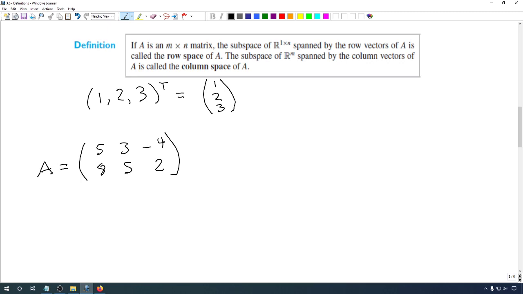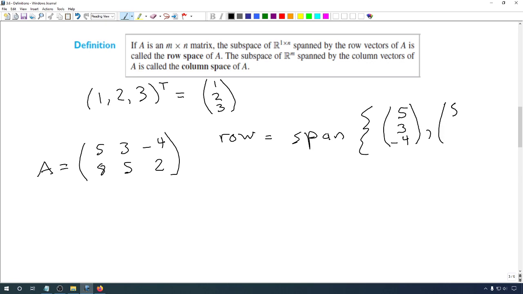Its column space is a subspace of R2. And what we're basically doing for the row space is taking a span of vectors. It's the span of the vectors that are the rows of A. So the first row of A is 5, 3, -4, written as a column vector. And then the second row is 8, 5, 2.